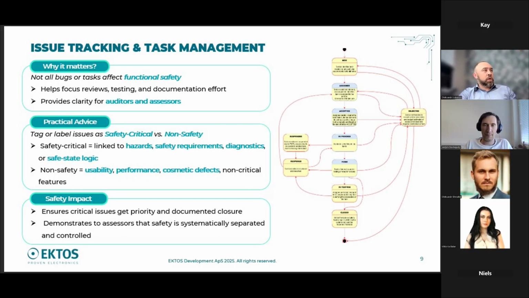Let me put it this way. First of all, why it's important to drive this in this way is that we need to be able to split functional bugs and tasks that are related to functional safety from the other ones that are not related to functional safety. This is super important to do.